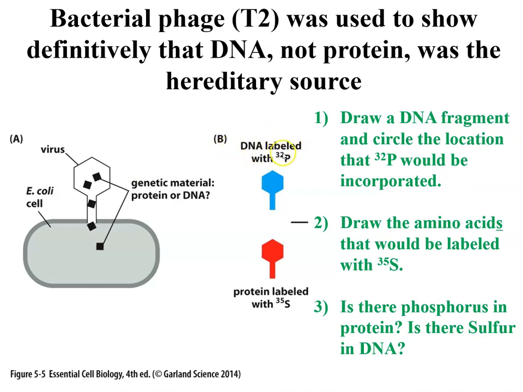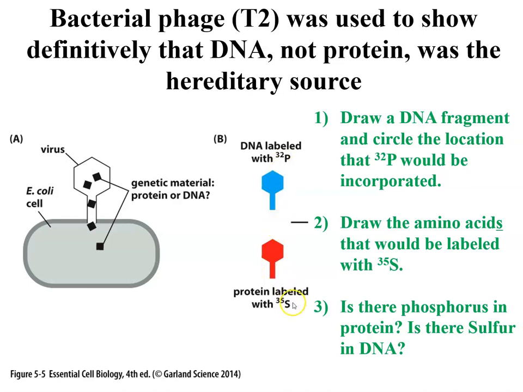Now we know that 32 phosphorus, so this is a radioisotope of phosphorus. We talked about phosphorus at the beginning of the year. If we had DNA labeled with 32P or P32, it would get incorporated into only the DNA, because we know that the phosphodiester bond is going to be found in the nucleic acid.